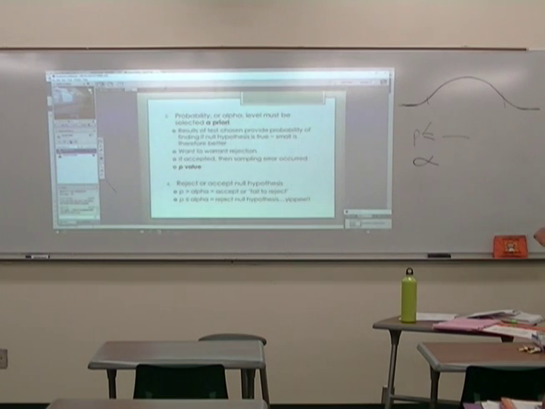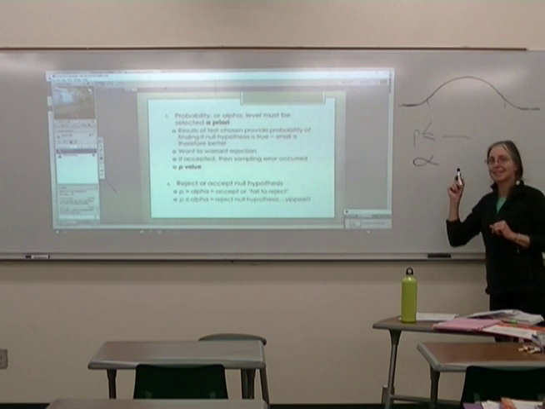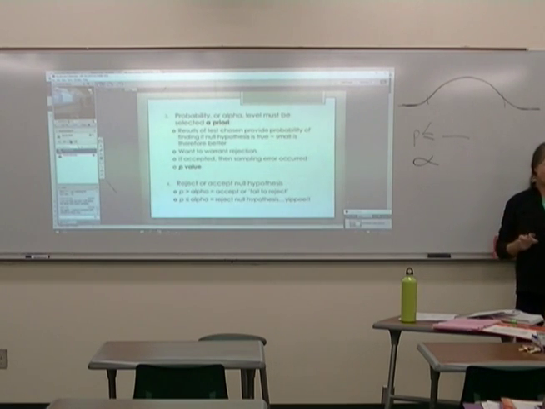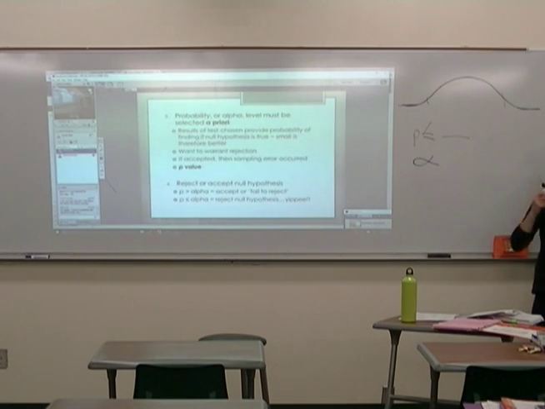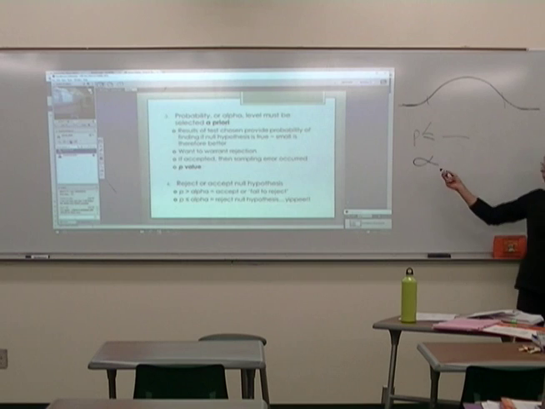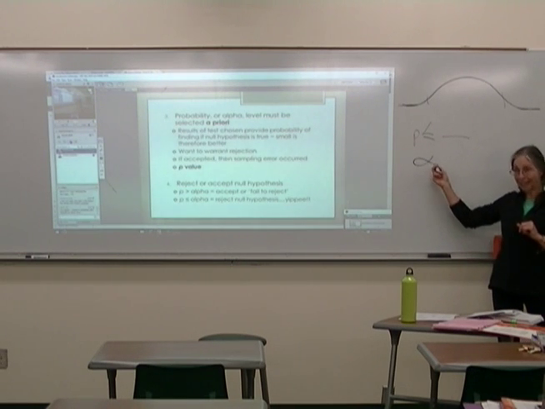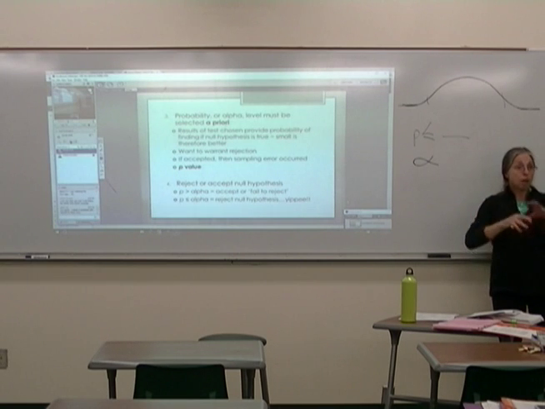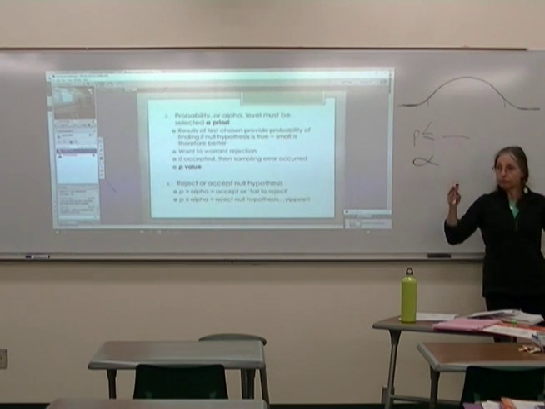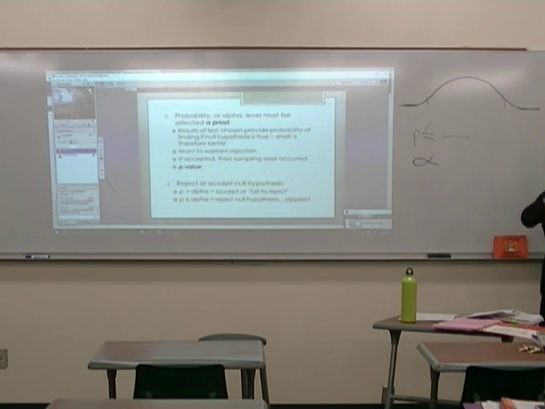And it has to be set a priori. That means before you run the data analysis. It should be set before you collect the data. It should be part of your planning, your design. This is part of my study. The alpha is going to be set at whatever.